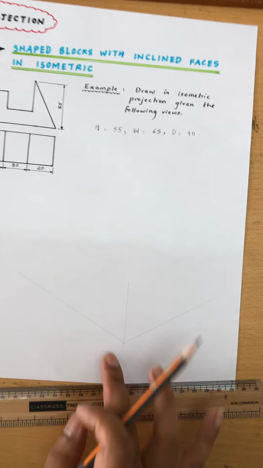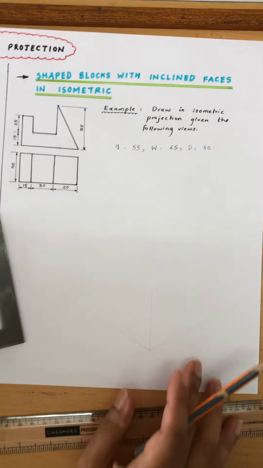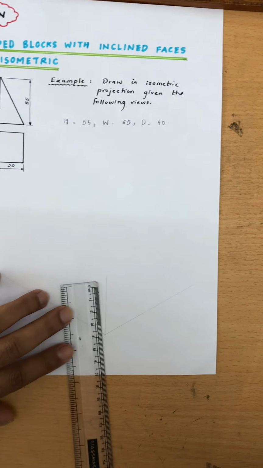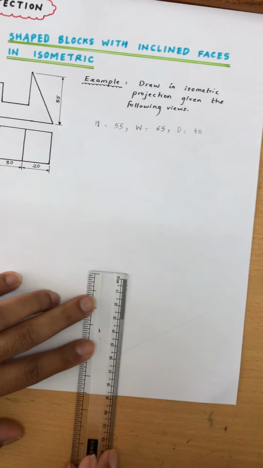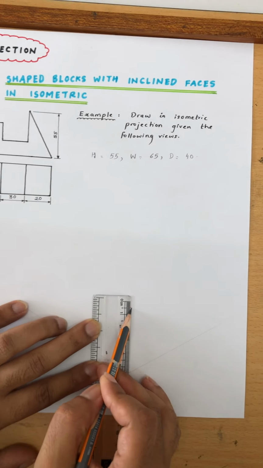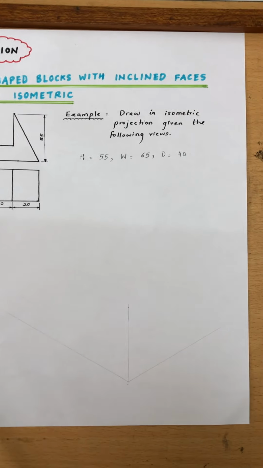So now I'm going to measure the respective dimensions which we have calculated in this example. So this has to be 55. So 55 is here. I put a mark here along this line.